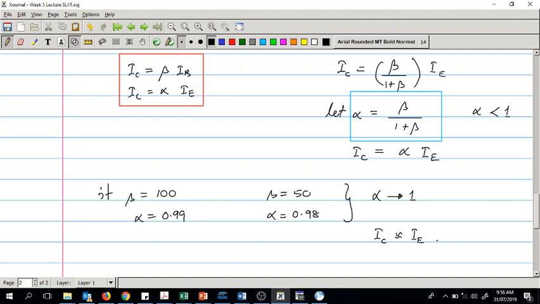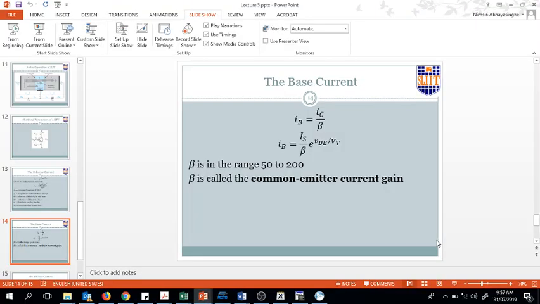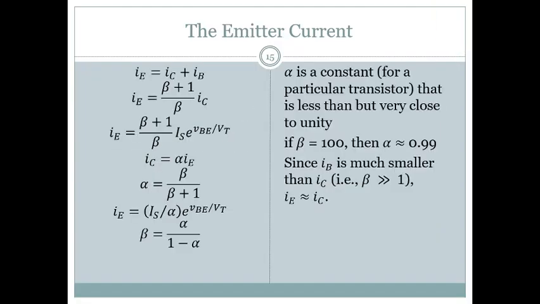Whenever possible, don't go with the approximation, but you can do it for convenience. There is no harm. 99%, 98%, and some transistors would have even larger beta values. Let's take a few transistor examples and see. So that is this relationship.